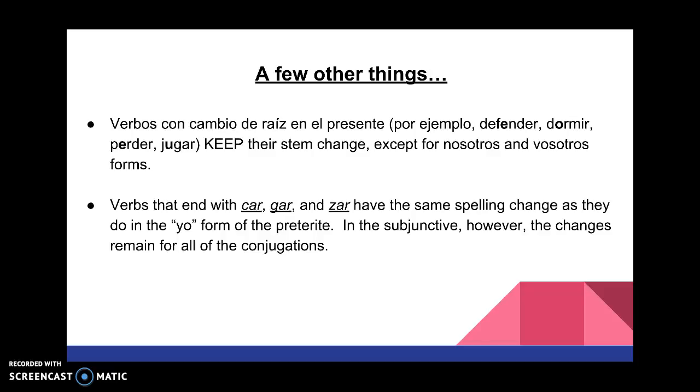And verbs that end with zar, Z-A-R, change to ce, and they have that same spelling change as in the yo form of the preterite. In the subjunctive, though, these spelling changes, car to que, gar to gue, and zar to ce, stick with the verb for every single conjugation.